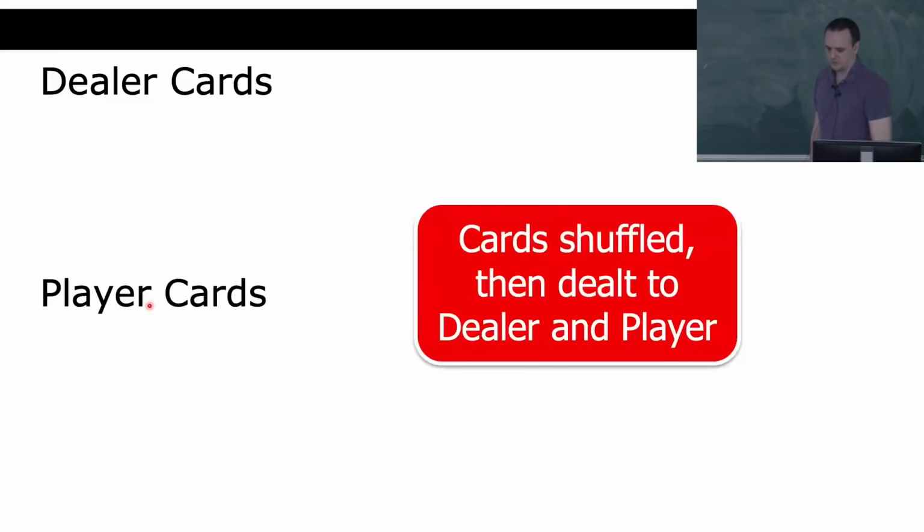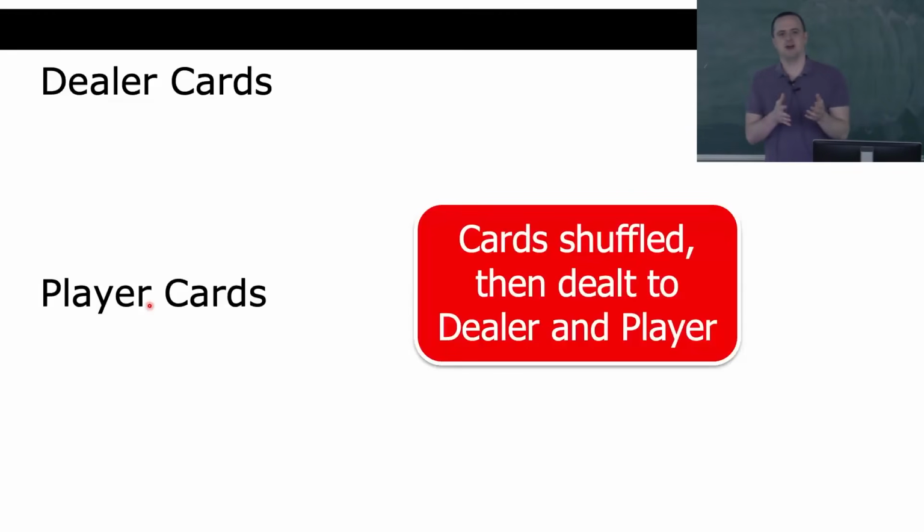So here's what happens. We're going to put the dealer cards on top and the player cards on bottom. The cards are shuffled and then they're dealt to the dealer and the player. Again, the order in which they are dealt doesn't matter. Just as a side note, in an actual casino, instead of just using one deck of 52 cards, they typically put like 10 or more decks into this giant automatic shuffling machine that they call the shoe.